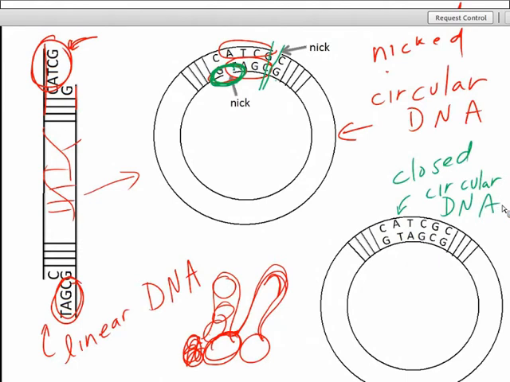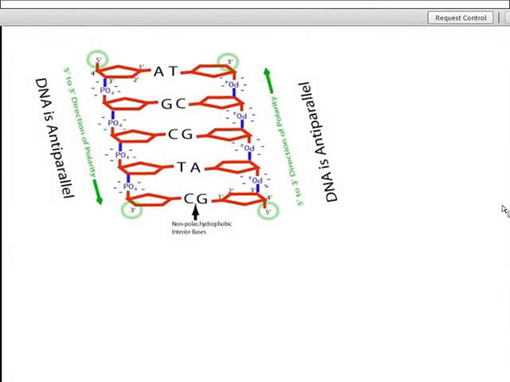Well, one thing to keep in mind about DNA is that it does have a chemical direction. So it's 5' to 3'. The 3' is connected to the 5' in this direction. It's the opposite polarity here. So the DNA is anti-parallel.